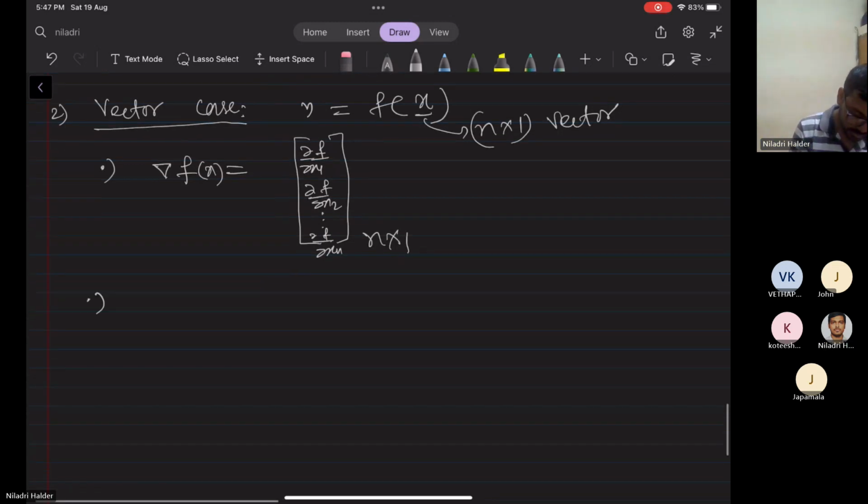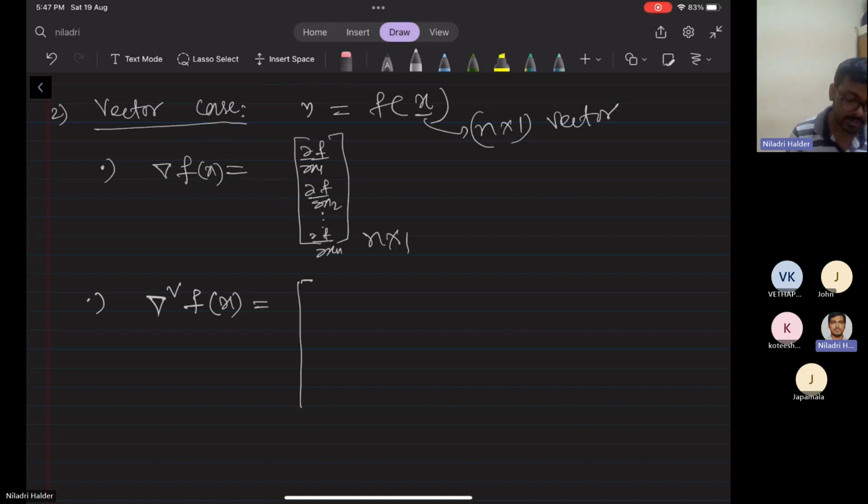Then what is the Hessian? It's a double derivative. We need to differentiate the gradient of f(x), which is a vector, again with respect to another vector x.